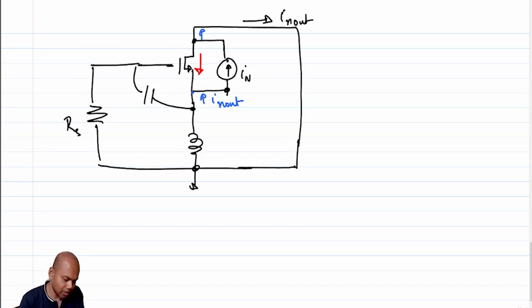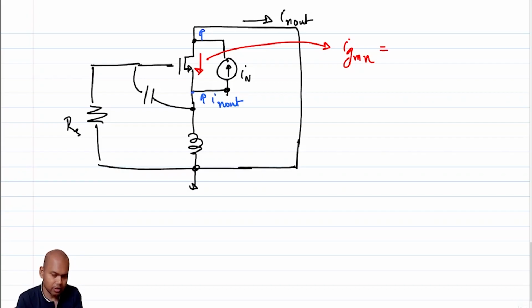So what is this current? This current is essentially, if I call this IGM noise, the part of the noise current from In that goes through the channel. So IGM noise plus In out is equal to In.